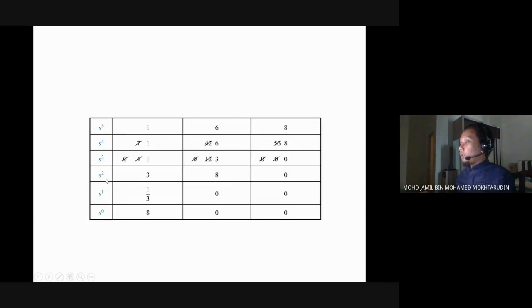Okay, you continue to calculate the determinants as usual. And then after that, you need to look at the sign changes in the first column. So here, in the first column, there are no sign changes, all positive, meaning that the system is stable.